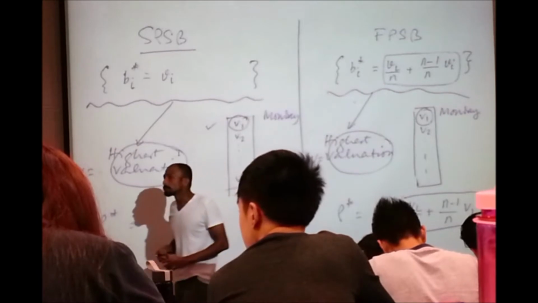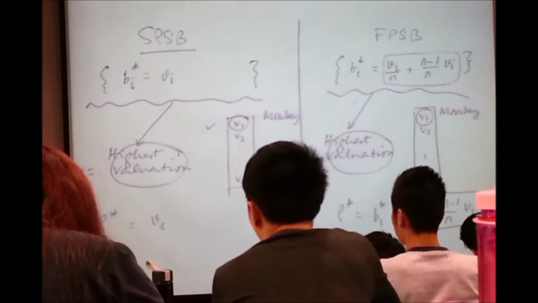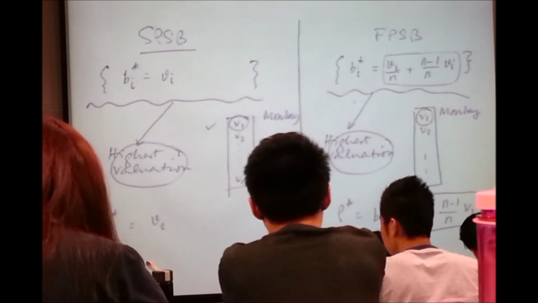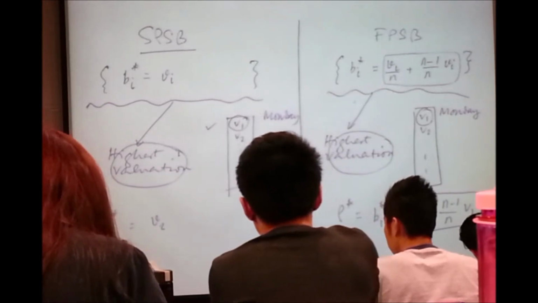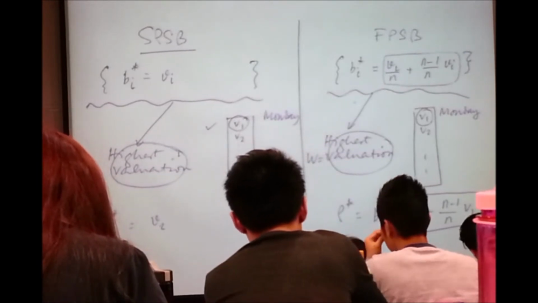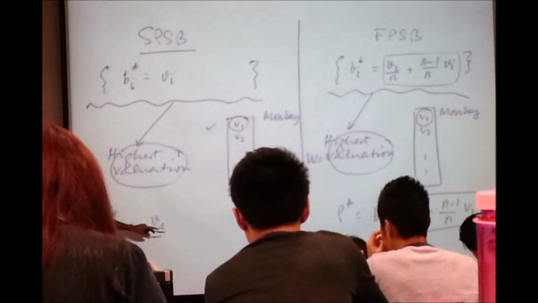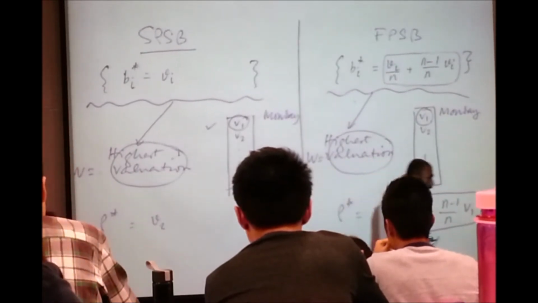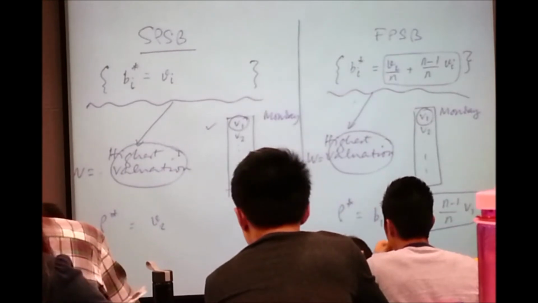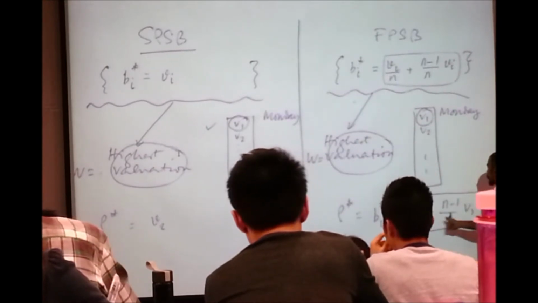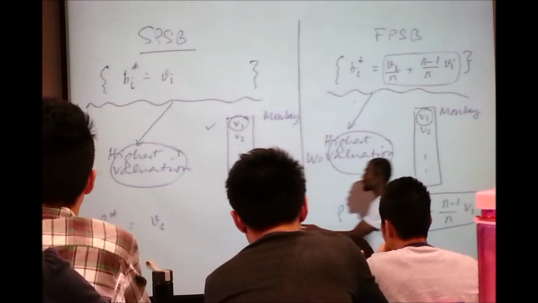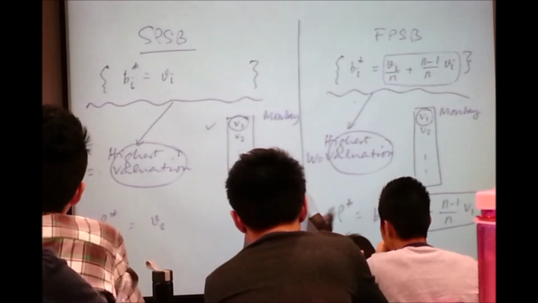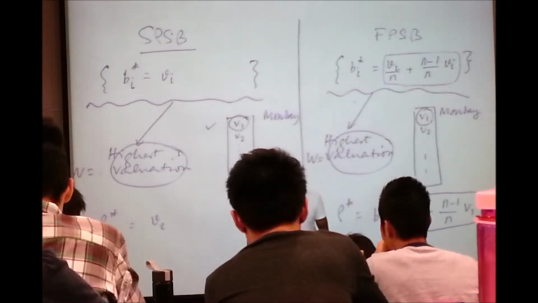From a seller's point of view, it is important to know which auction mechanism will generate a higher revenue, a higher price. Compare: this is the equilibrium price in the second price sealed bid auction, and this is the equilibrium price in a first price sealed bid auction with the same group of people. Which price is higher?